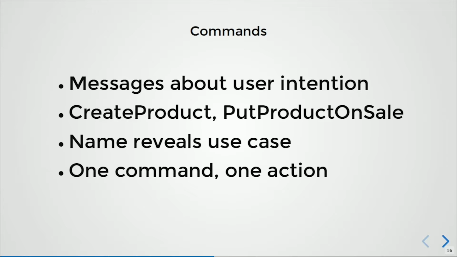Like if they want to create a new product, then we would have a command called create product. Or if they want to put a product on sale, then we would have a command put product on sale. And these names reveal the use cases of our application. Or better yet, the use cases of our application will name our commands.